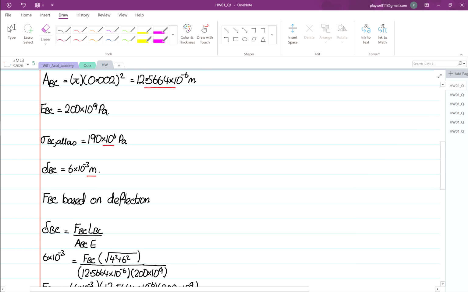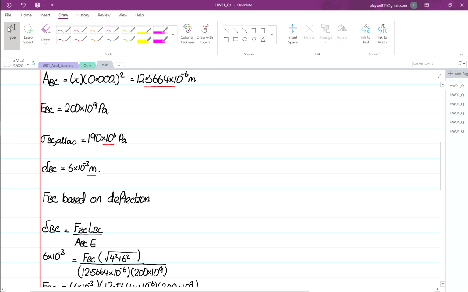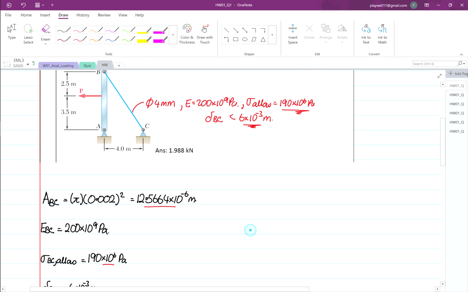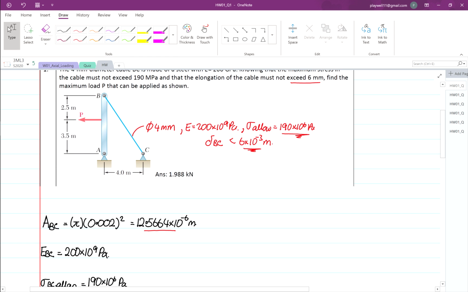So we want to find FBC based on deflection. FBC is basically this cable here, which will be under tension. So this is your FBC.